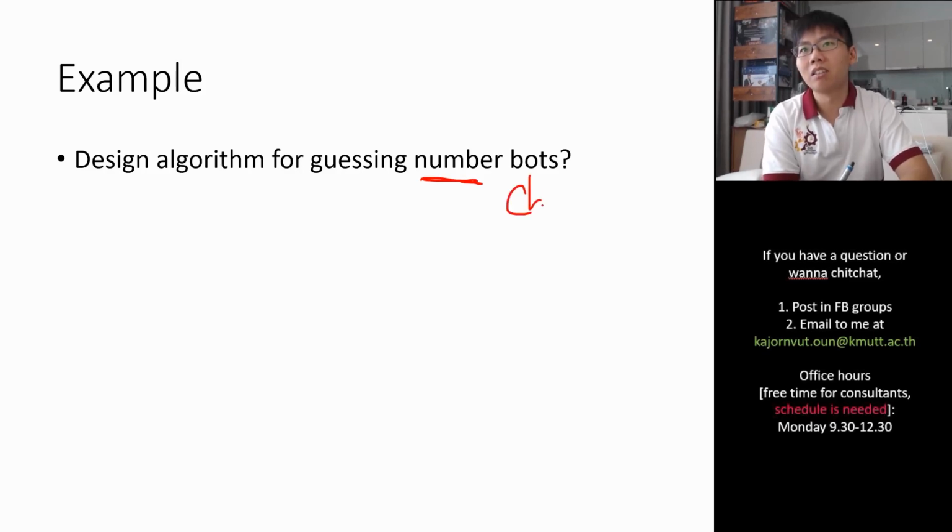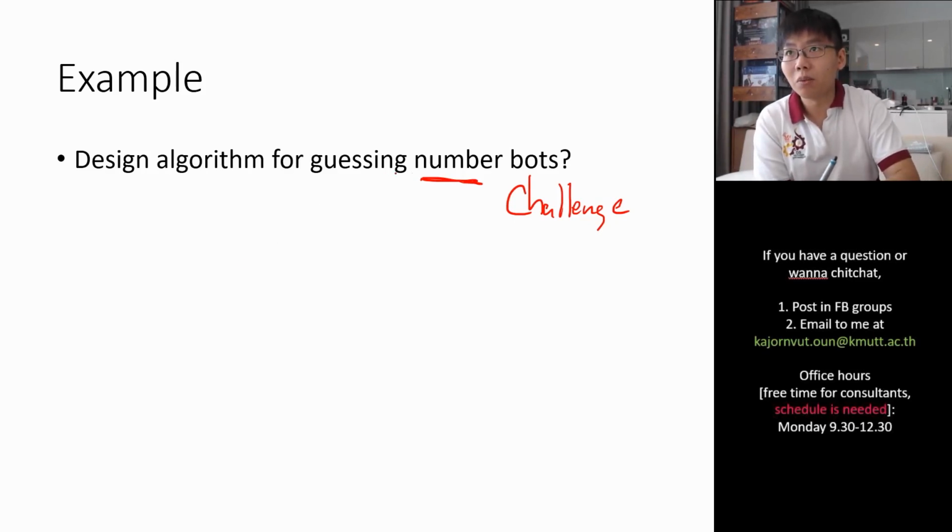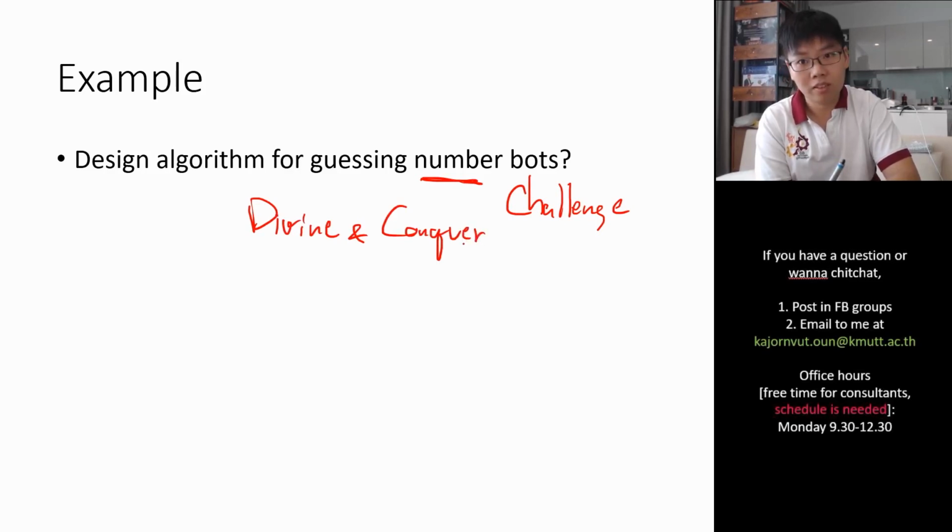I would like to put it as a challenge first, so please share your own idea in the comments below. But first of all, you need to imagine divide and conquer first, and then they're going to keep dividing and conquering until when?